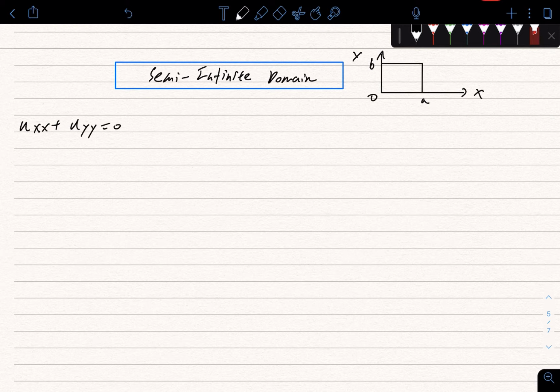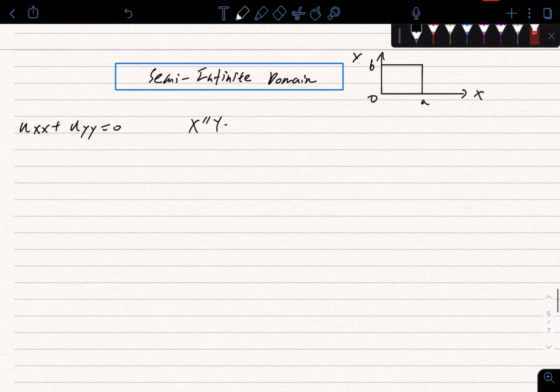So the two fundamental variables are x and y instead of x and t. We're just going to do our separation of variables, and that is turn them into the form of X double prime Y plus X Y double prime equals 0.